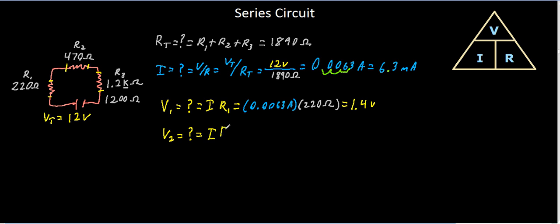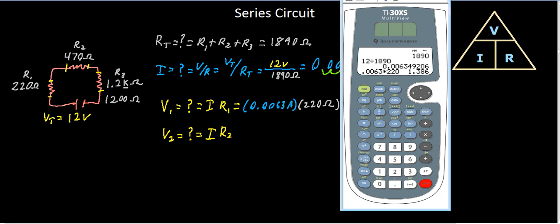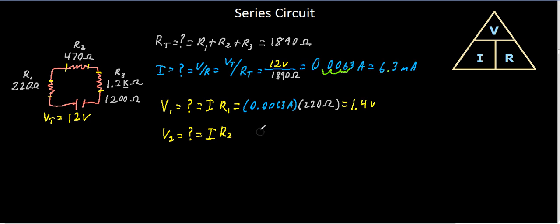Well, it's going to be current times resistor 2. And of course, current is consistent. It hasn't changed. I cannot stress that enough. So it's 0.0063 multiplied by resistor 2, which is 470 ohms. We type that into our handy-dandy calculator, and what do we get? We get 2.961. Let's round that up to 3.0 volts.